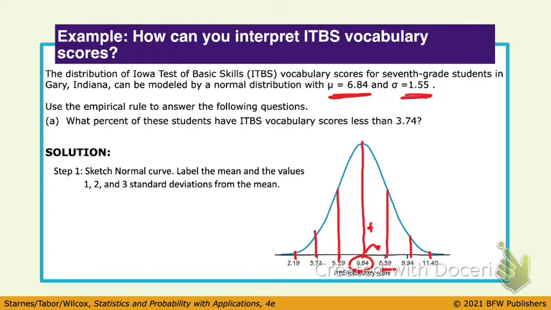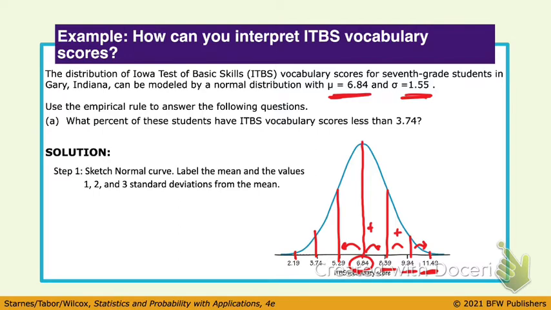Add another standard deviation, and that gives me 9.94. A third gives me 11.49. To go the other way, I would be subtracting 1.55 each time. So 6.84 minus 1.55 gives me 5.29, and then subtract again, and again, and again.